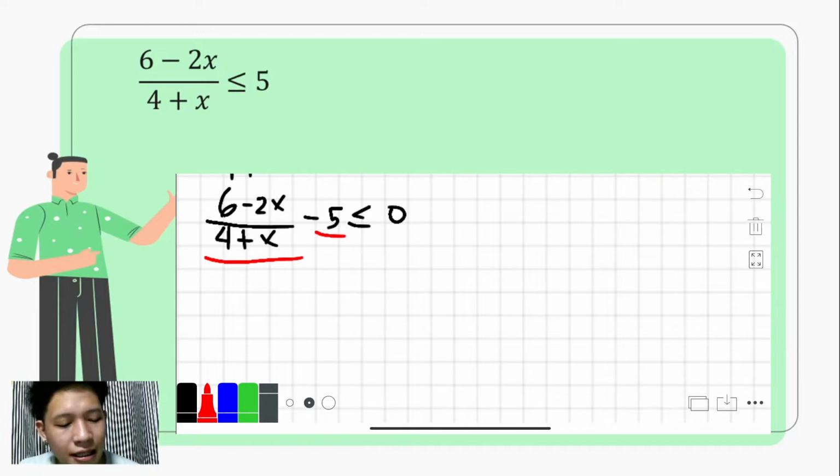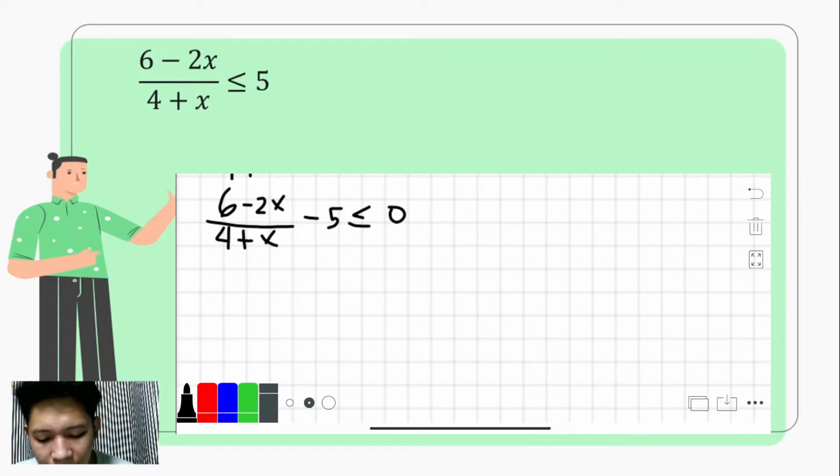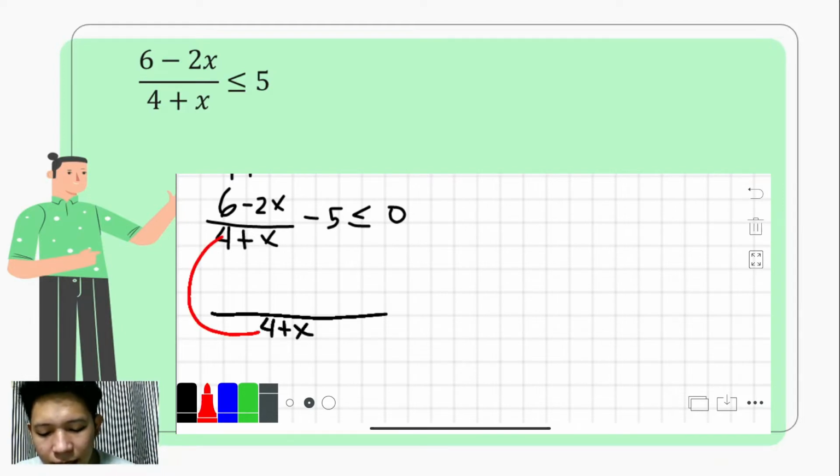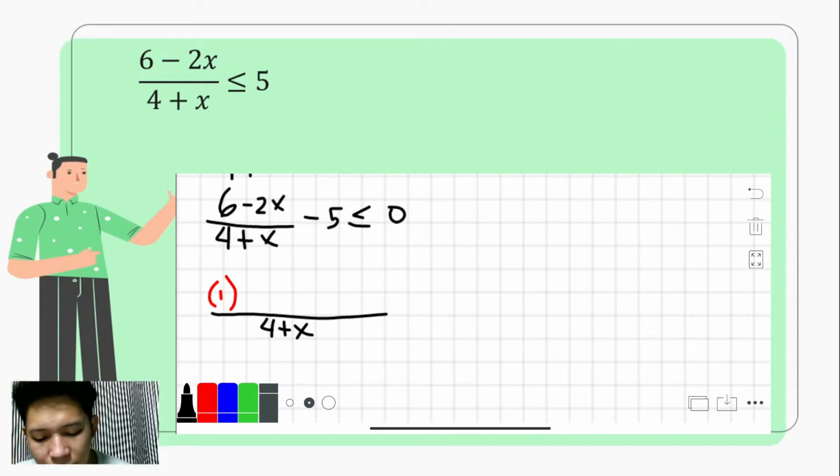Okay? And then, what we're going to do is, to get the LCD, since ang denominator lang naman ni 5 ay 1, hence our LCD would be 4 plus x. Okay? So, we have here 4 plus x divided by 4 plus x. So, that's simply 1. And then we have to multiply it with the numerator, which is 6 minus 2x.